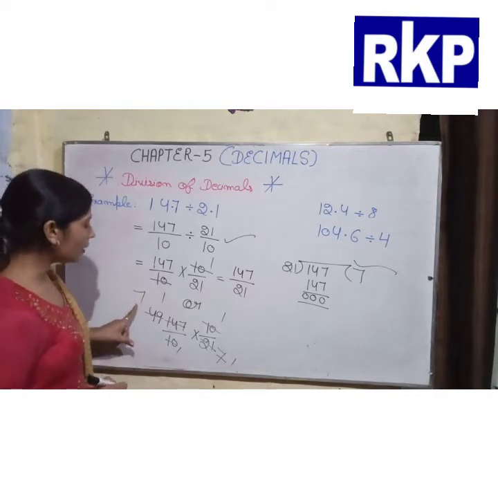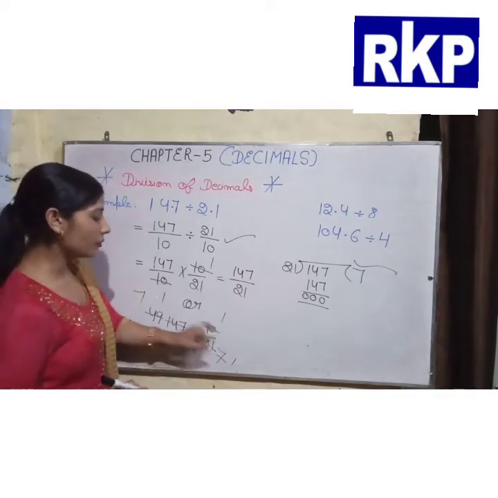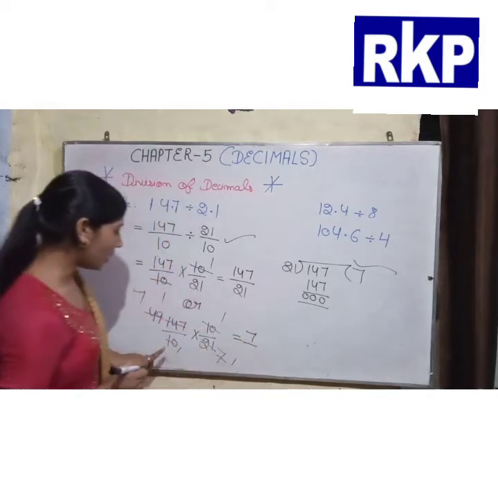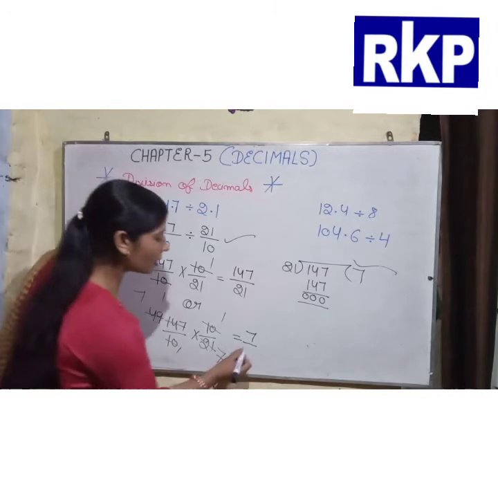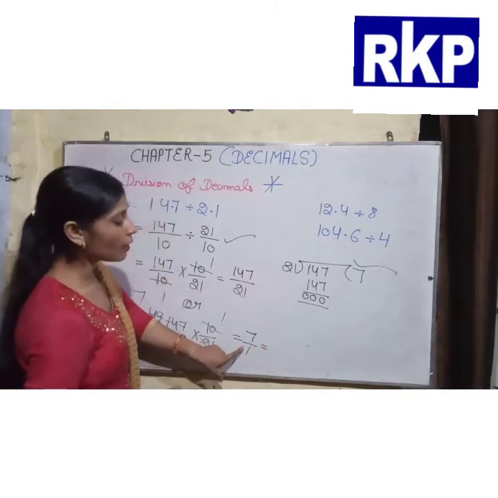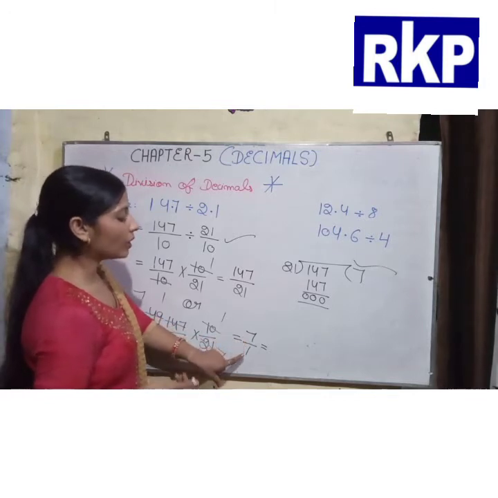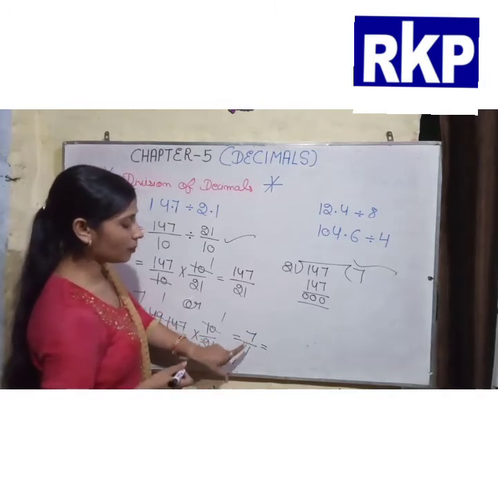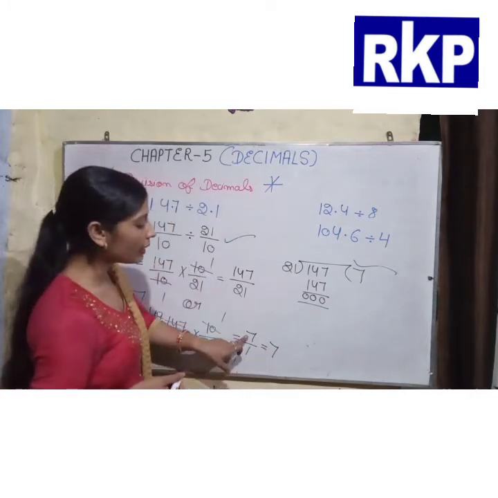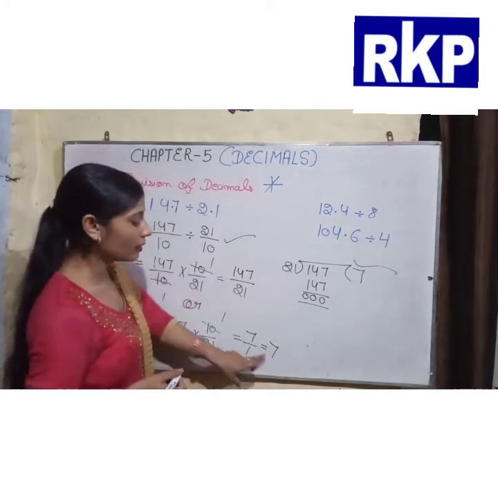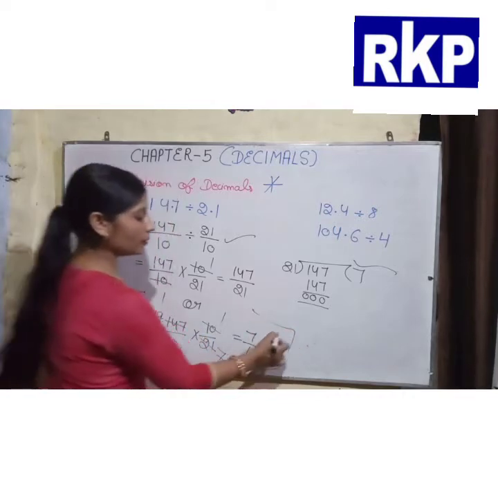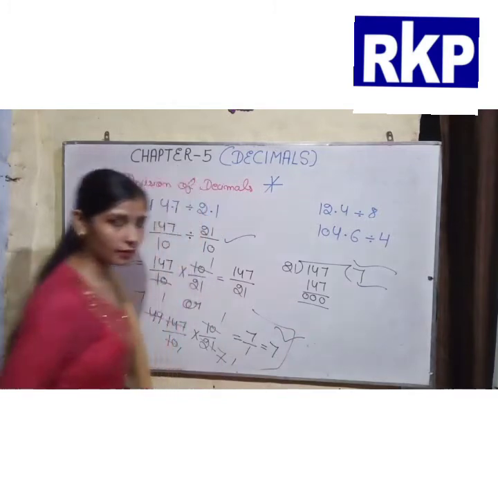So here we have 7 and here 1, means 7 1s are 7. Okay, and here 1 and here 1, 1 1s are 1. 7 by 1. It means we have to divide 7 by 1, and when we divide 7 by 1 we will get 7. We know if we divide any number by 1 then we will get the same number. So like this also we will get the same answer.